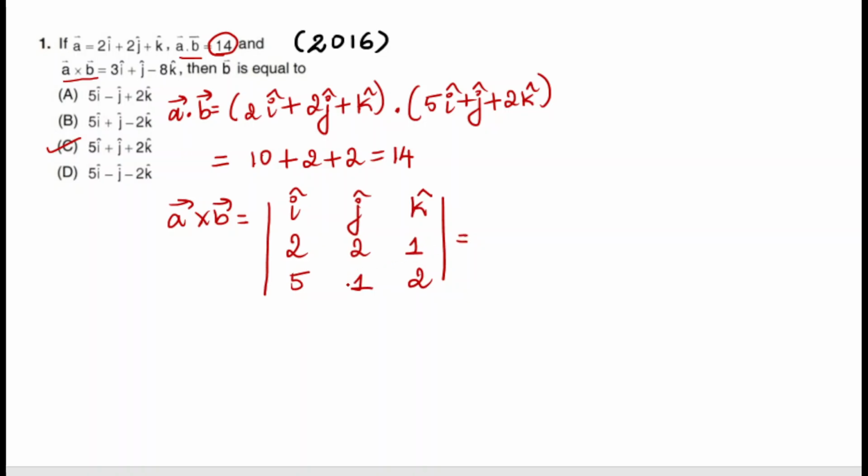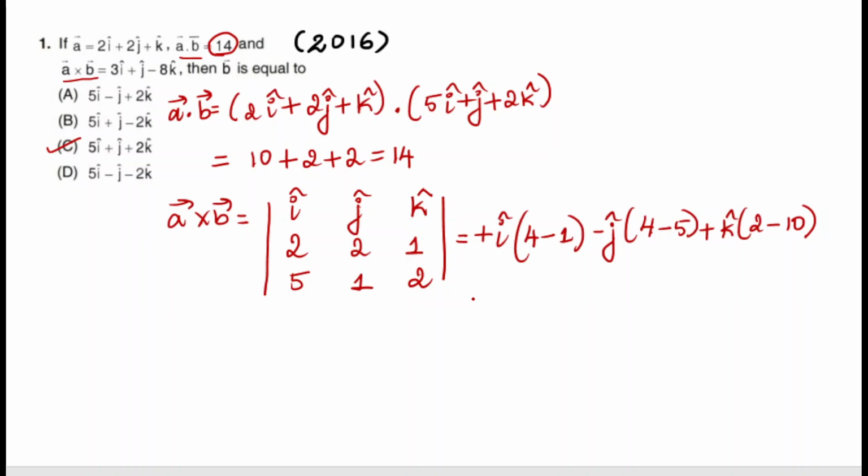Solving the determinant, I have solved this determinant many times in my previous video. You can go and check there. So it will be plus i cap into determinant of this, 2 2s are 4 minus 1, minus j cap into determinant of 2 1 5 2, that is it will be 4 minus 5, plus k cap into determinant of 2 2 5 1, 2 1s are 2 minus 5 2s are 10.